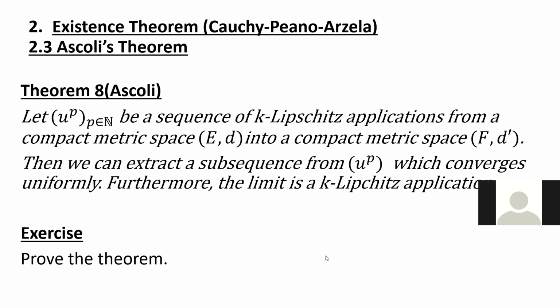So the Ascoli Theorem writes like that. Assume we have a sequence of functions that are Lipschitz with a coefficient k, and they are applications from a compact metric space E with a distance d into a compact metric space F with a distance d prime.